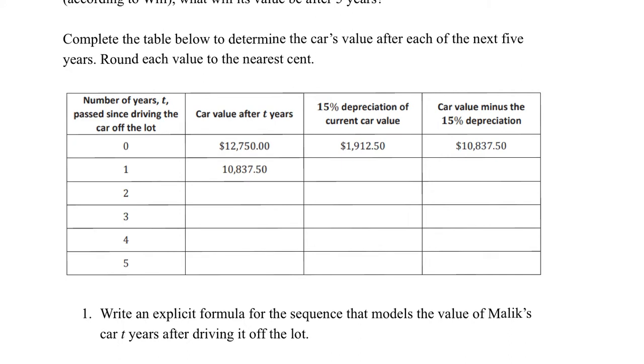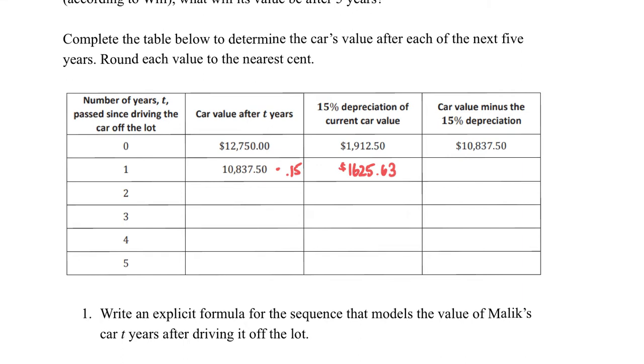So we're going to calculate 15% of that by multiplying 10,837.50 by 0.15, which is 15%. That gives us the amount that it's going to depreciate by, which is $1,625.63 after rounding.